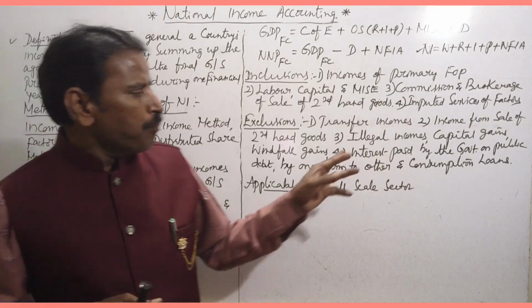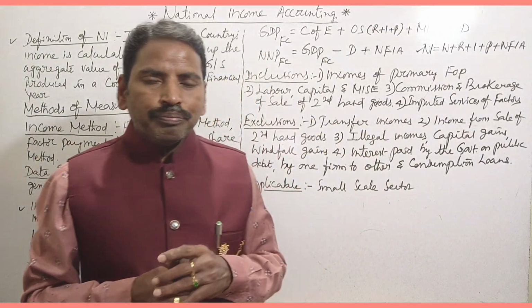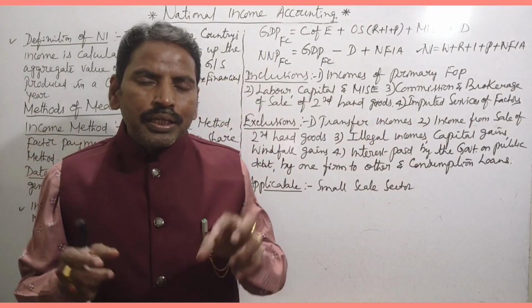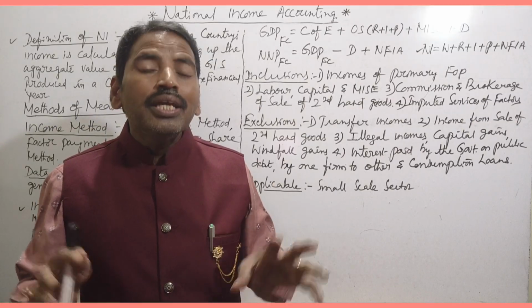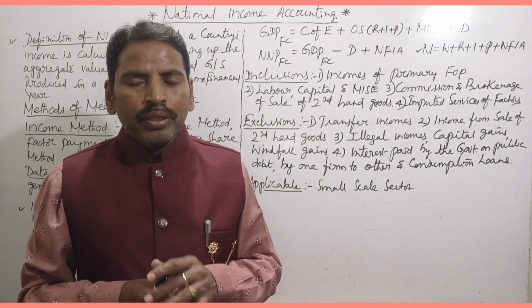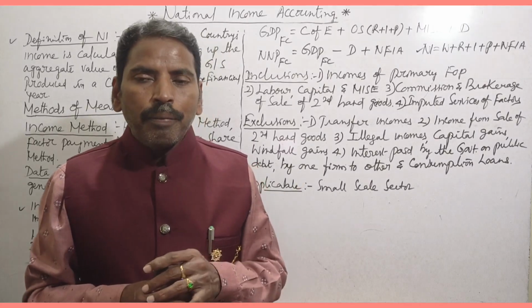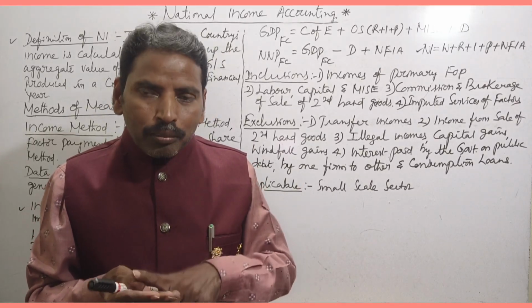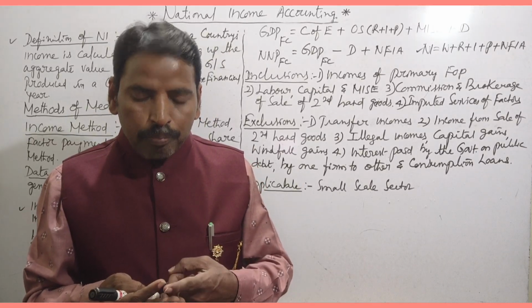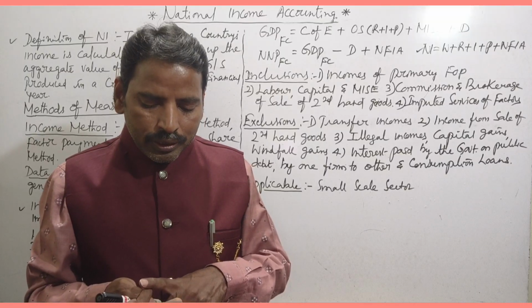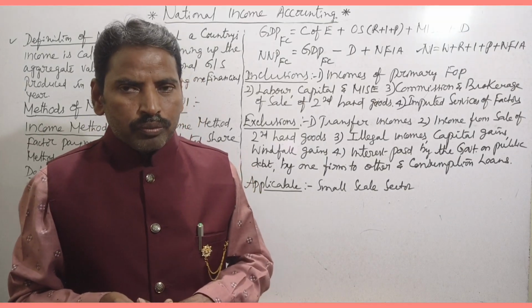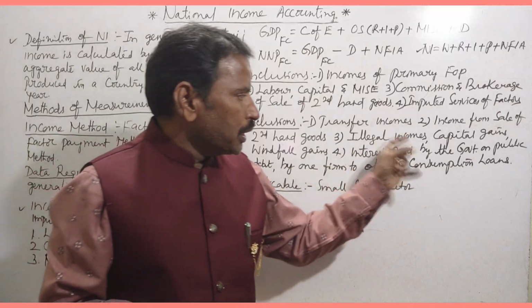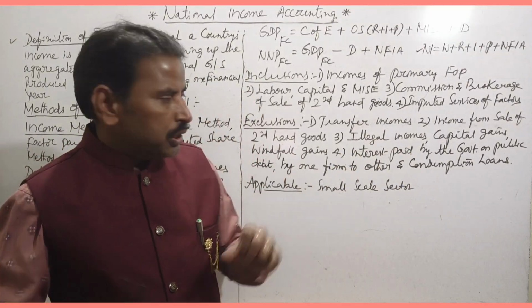Next, illegal incomes. Illegal incomes are the income earned from illegal activities, such as smuggling, gambling, black marketing, drug trafficking, and bribes. These are not considered.